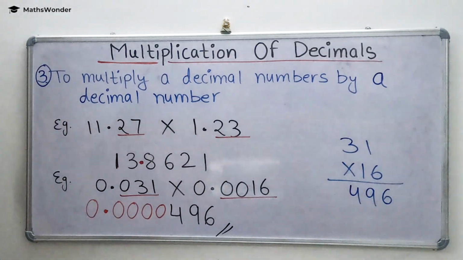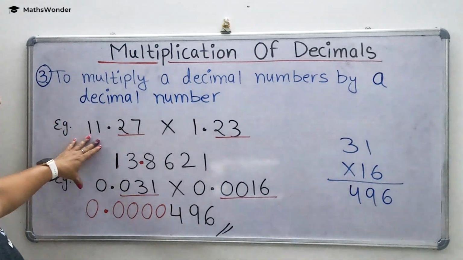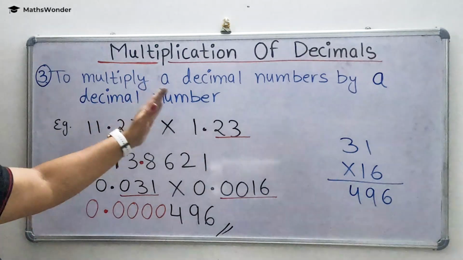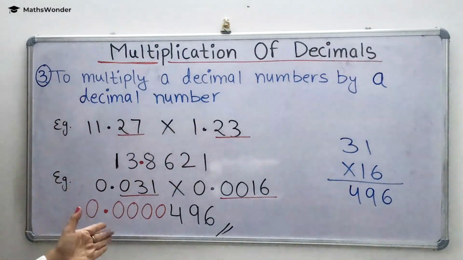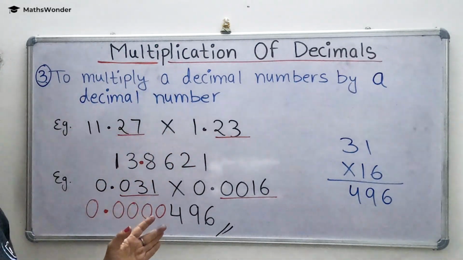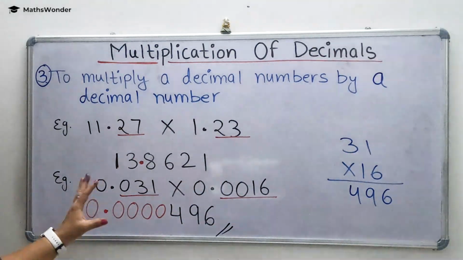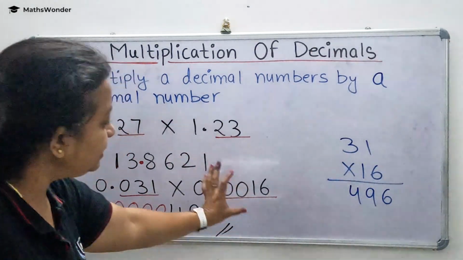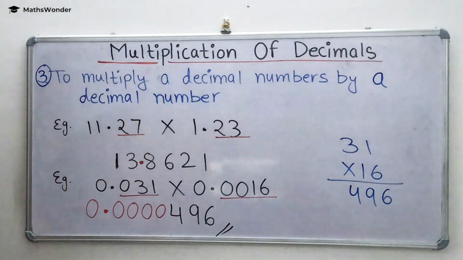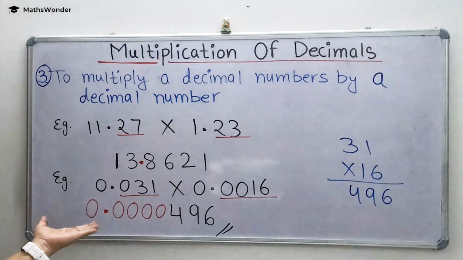right? So always remember, whenever both numbers in the question are given as decimal numbers, ignore the decimal point, do the normal multiplication as usual. You know how to multiply normal numbers, and then add the decimal places. Count the number of decimal places in each number and add them.